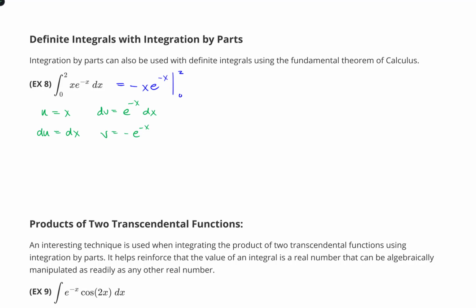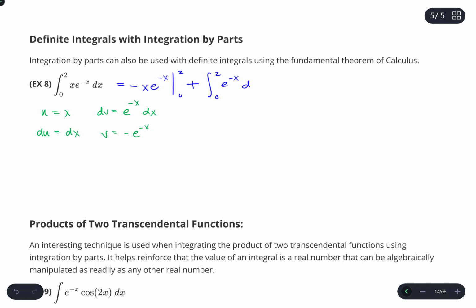But I still need to integrate this other part because then it's minus the integral of v du. So the integral from 0 to 2 of, well, actually that will turn into a plus because of this negative, e to the negative x dx. Oftentimes I'll just wait to evaluate until I have everything integrated first.